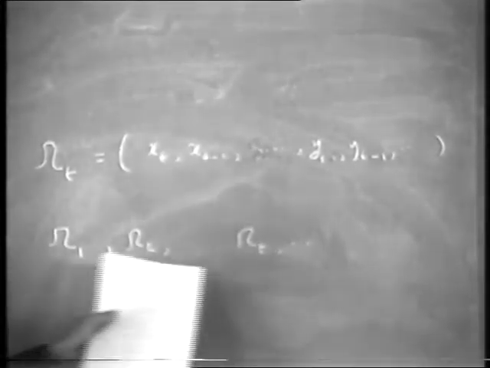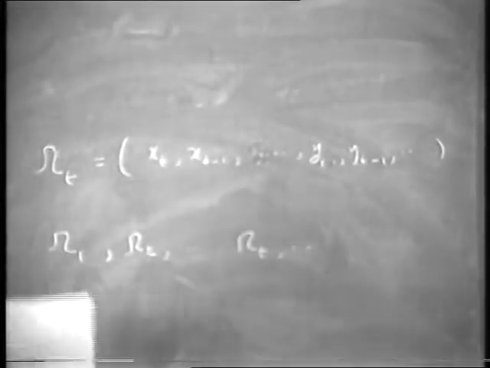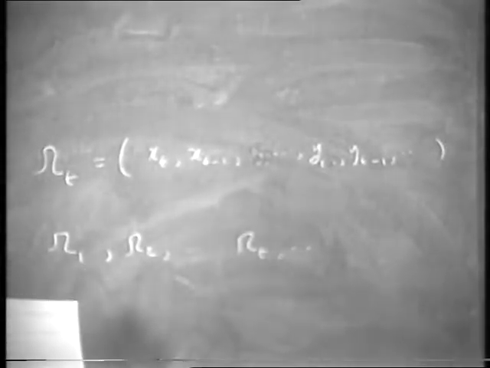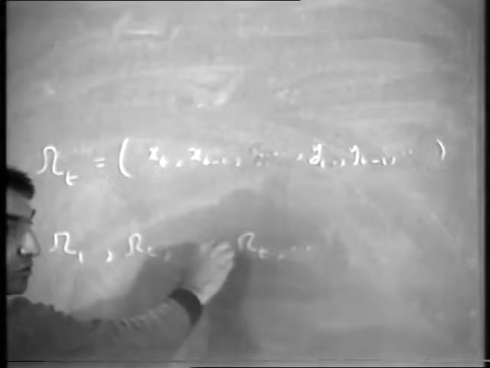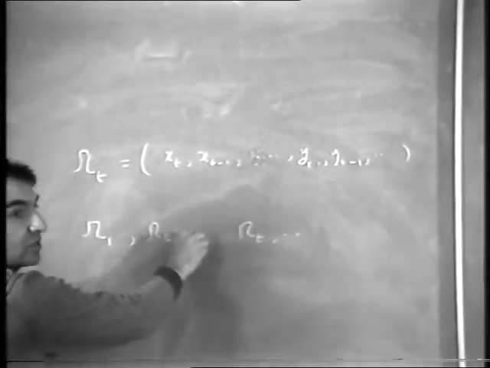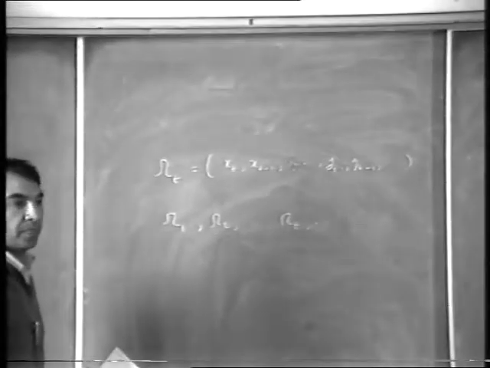These are all increasing fields of information. And that's what we need, in the sense that omega t includes information set omega t minus 1, omega t minus 1 includes information set omega t minus 2, and so forth.